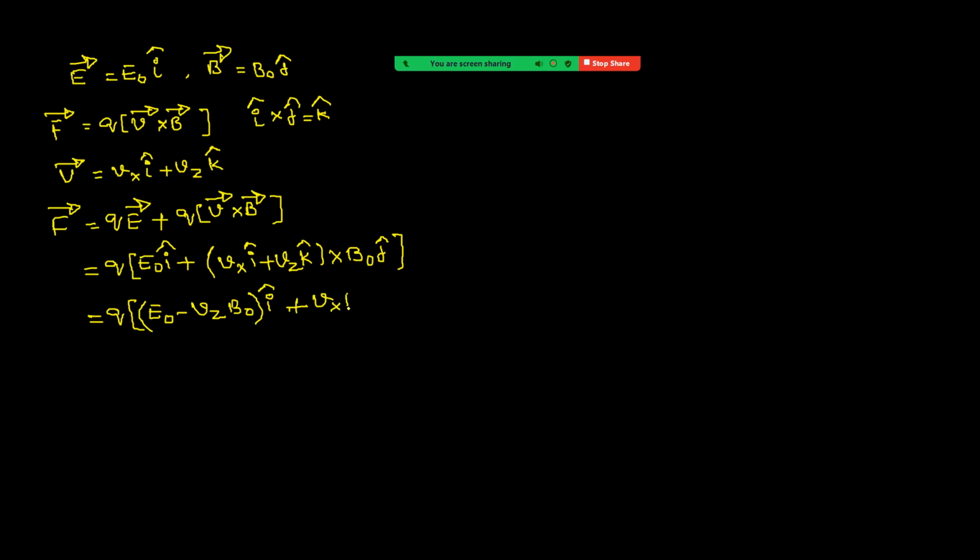In this we can see the first is the x component of the force and the second is the z component of the force. Now we want to find the accelerations.